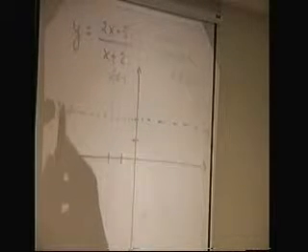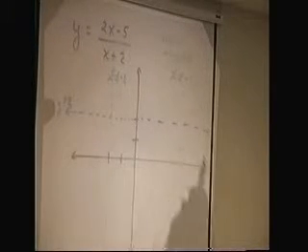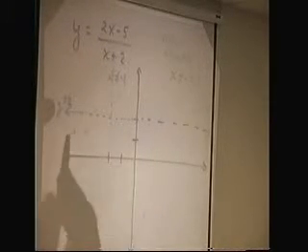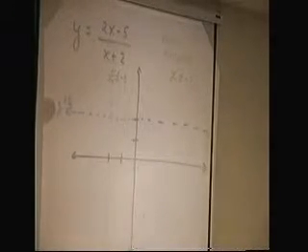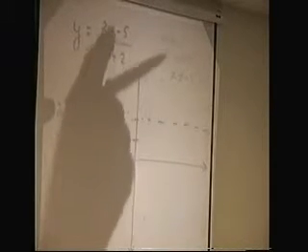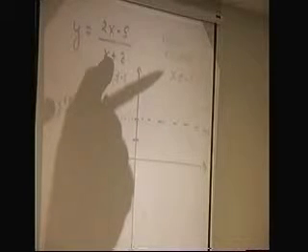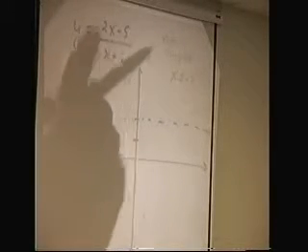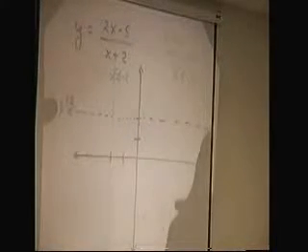Y equals 2. Isn't this y equals? This is x equals. Why do I write y equals 2? Look at what happens when x is really big. What do you get? You get 2, more or less. Y equals 2 when x is really big. This is y equals 2. You got it so far?